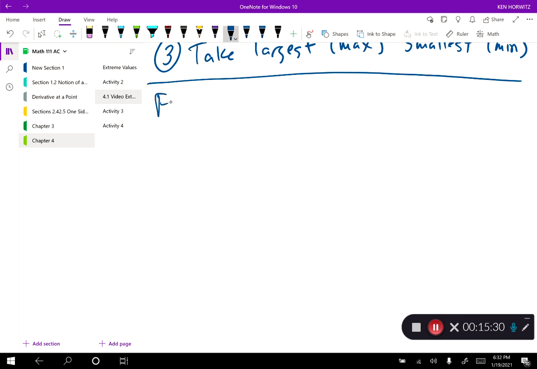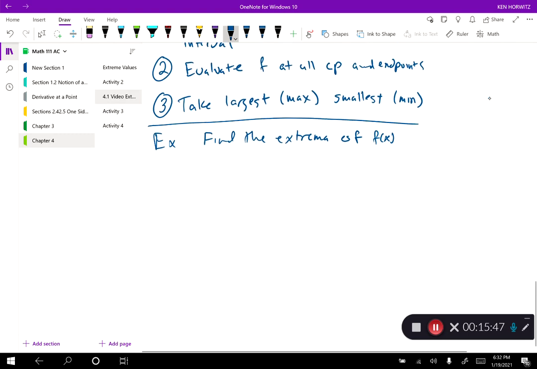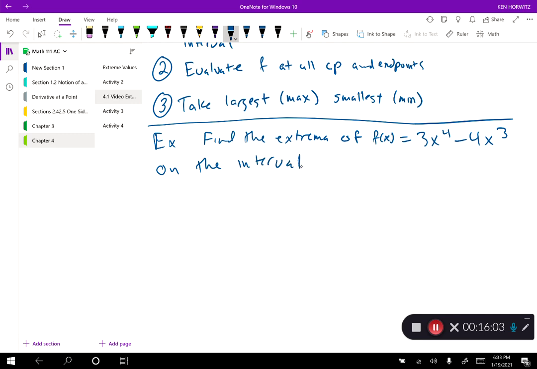So let's find the extrema of f of x equals 3x to the fourth minus 4x cubed on the interval -1, 2.